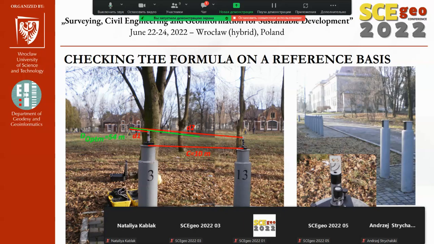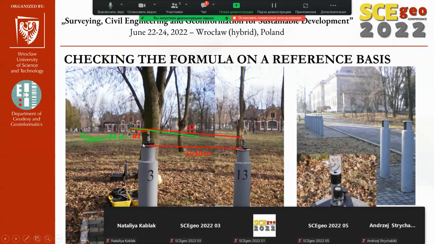In this slide, you can see a reference basis in Lviv city for calibration total station. For two side from basis, we install two devices developed by us. By formula, we calculate optimal distance, which for 10 meters equal 54 meters.